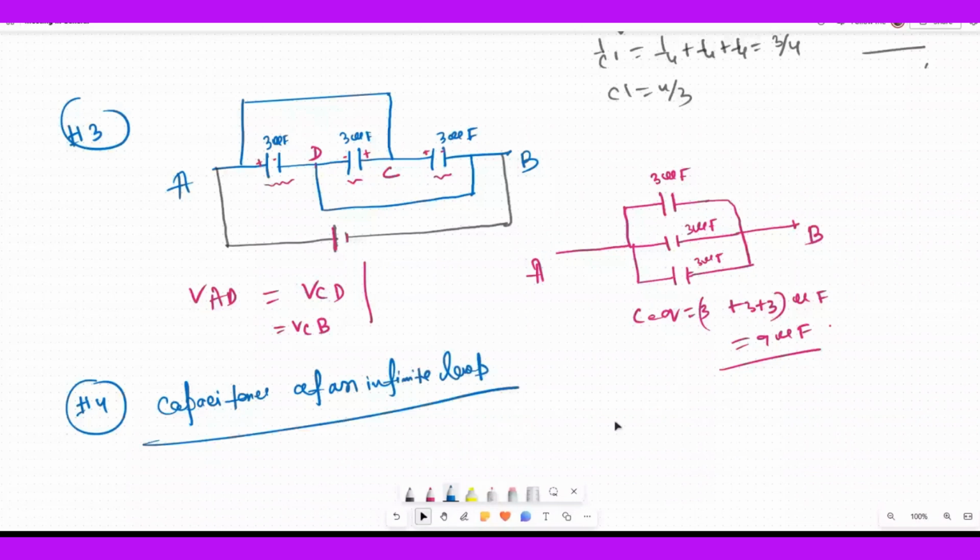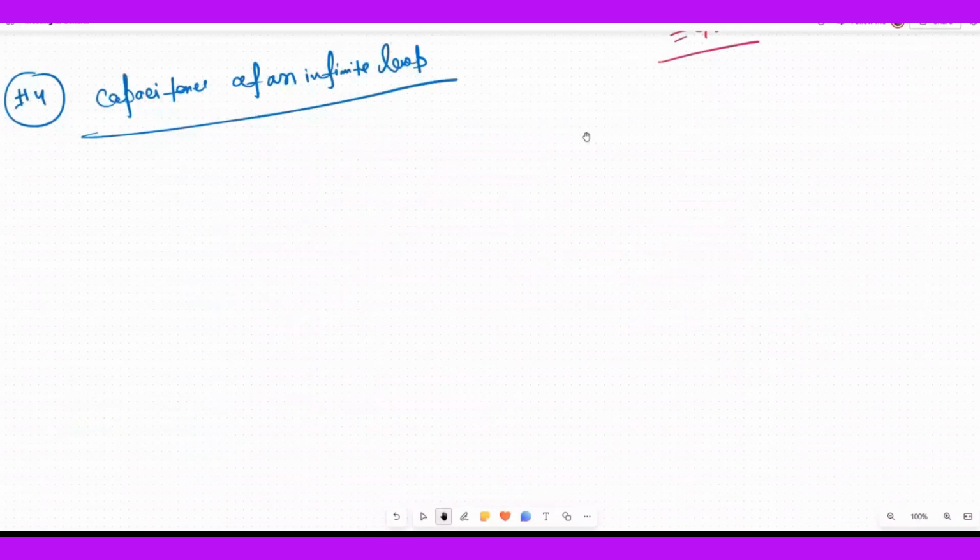But we'll do it without using the loop rule, that is KCL or KVL, Kirchhoff's point rule and junction rule and the mesh rule. We are not going to apply that here.